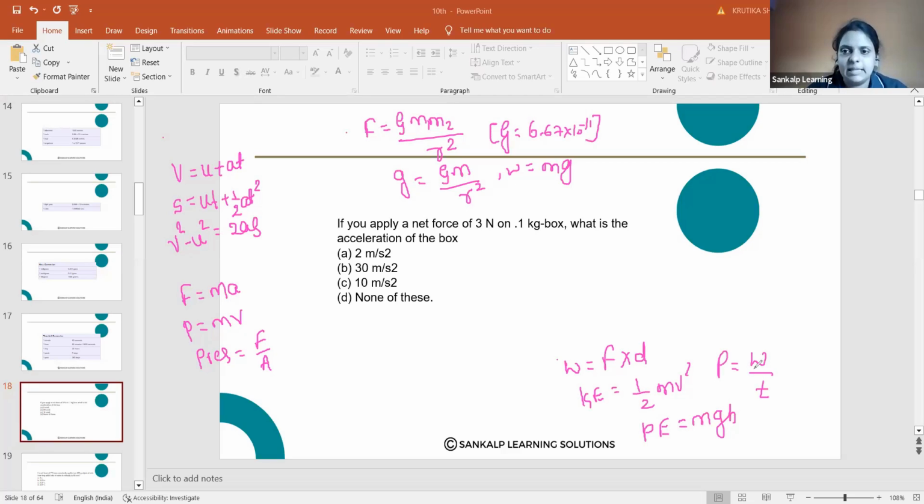Okay, just main formulas I am telling you. So if you copy down these formulas, it will help us to solve the upcoming numericals. So copy down, then you tell me.